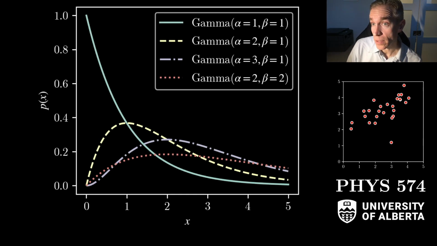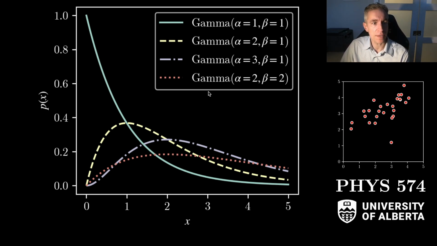So if you're not familiar with what a gamma distribution looks like, here are some different illustrations of alpha and beta. It starts out just as an exponential, so that would correspond to that x term being raised to the 0 power. So it drops off like an exponential, and then if I have the power increase, that causes the function to rise up and then fall off.